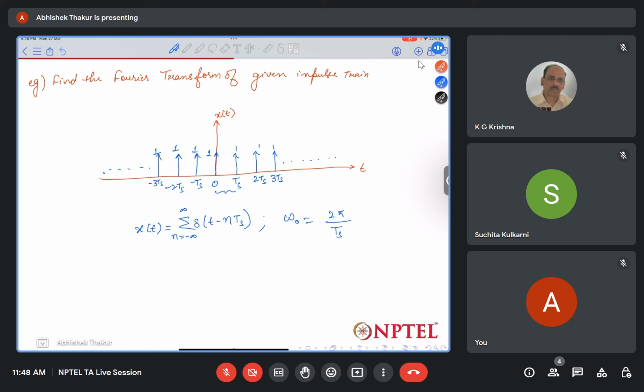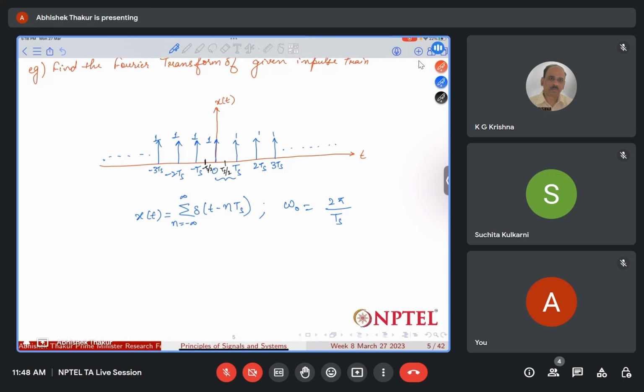Now we will first consider x(t) over one period, that is between minus Ts by 2 to plus Ts by 2. The period is Ts, so we can take any interval as one period; we will take minus Ts by 2 to plus Ts by 2.